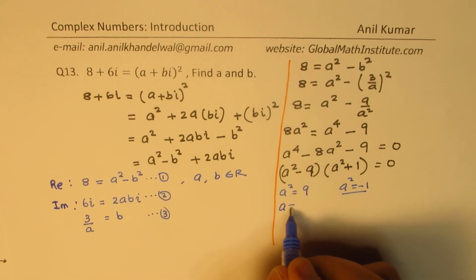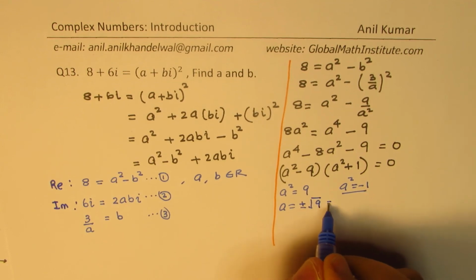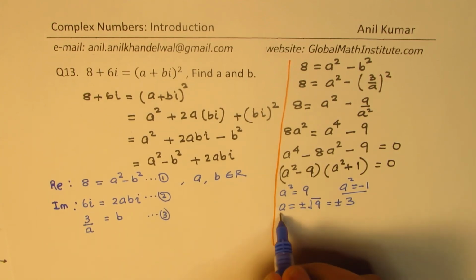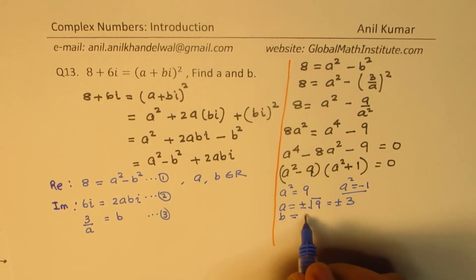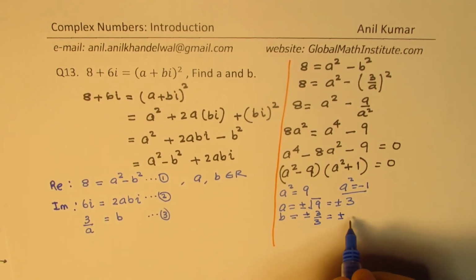So we get a as plus minus square root of 9, which is plus minus 3. So we have the value of a as plus minus 3, and the value of b is 3 over a. From here, we get the value of b as plus minus 3 over 3, which is plus minus 1.